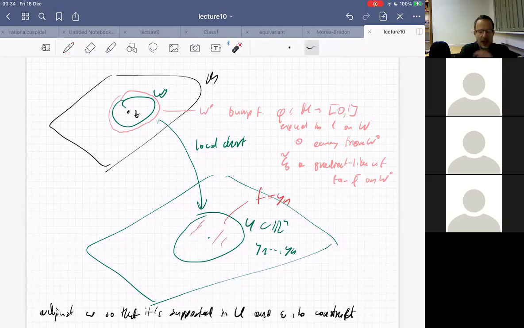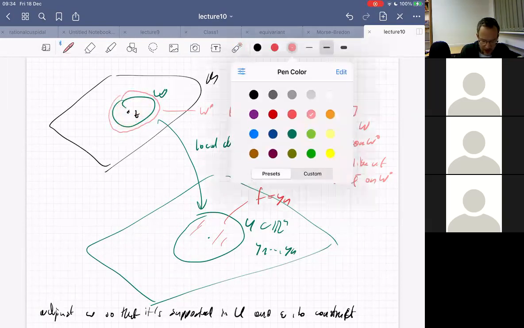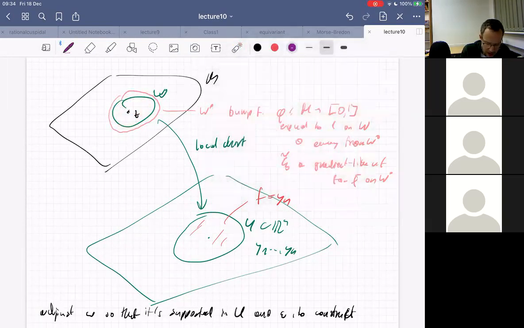So we take any gradient-like vector field for our new function over here, and then we do the fantastic thing which we can do about gradient-like vector fields.